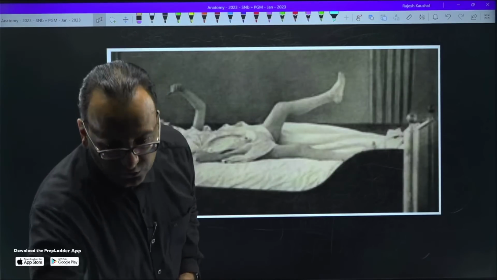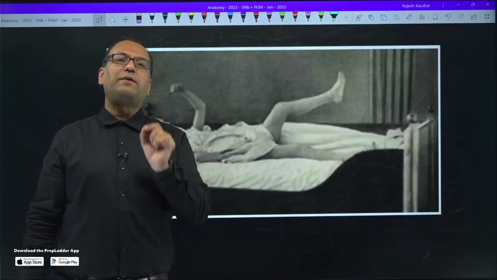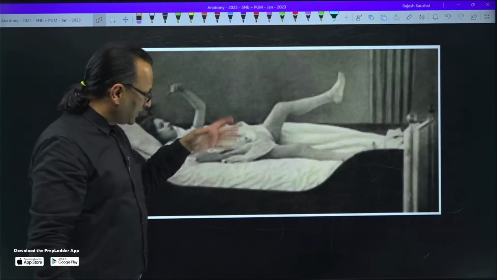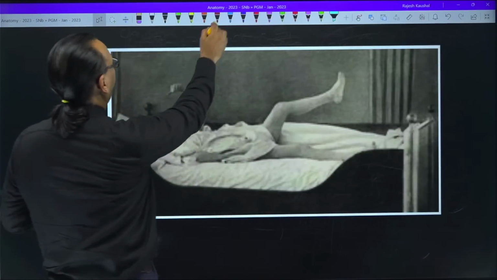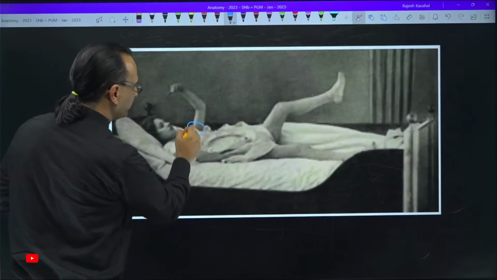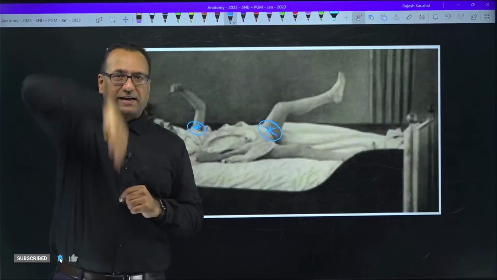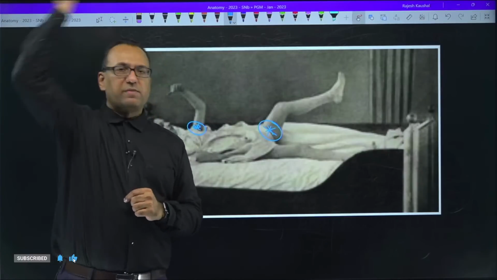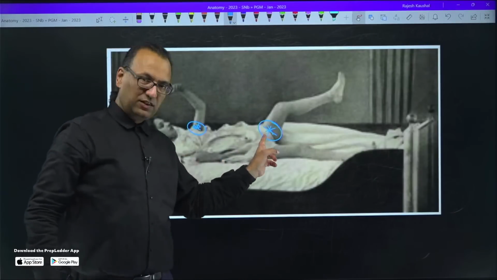So you should actually know hemiballismus. How many times has this question come to you? This is the next stage. They will dig deeper and deeper. So how do you identify that it is a case of hemiballismus? Proximal muscles will be violently moving. Proximal muscles, like shoulder muscles and thigh muscles.